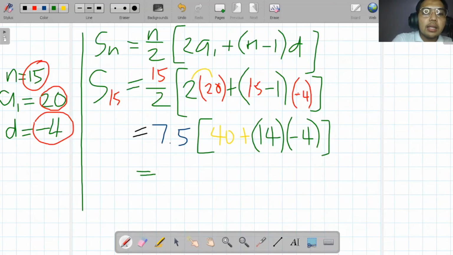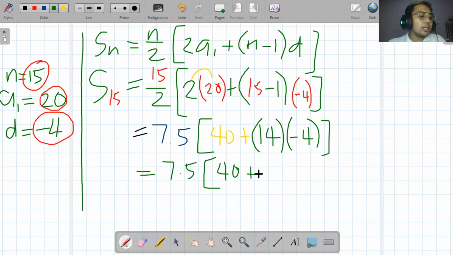And then copy. So this is 7.5 times 40 plus, if you have hard time multiplying, then you use your calculator if you have one. Then that would be 14 times negative 4 is negative 56. All right.